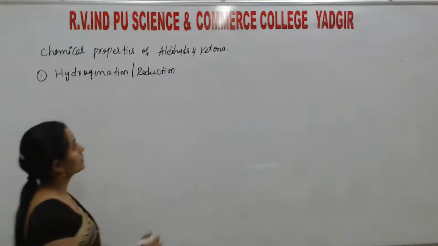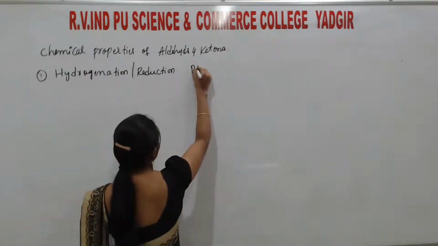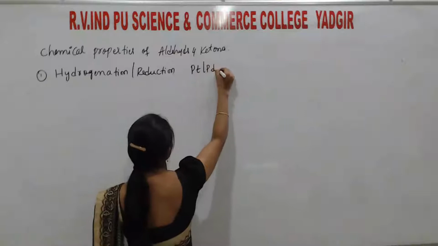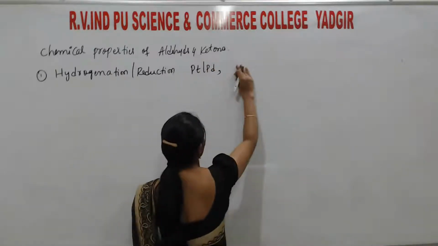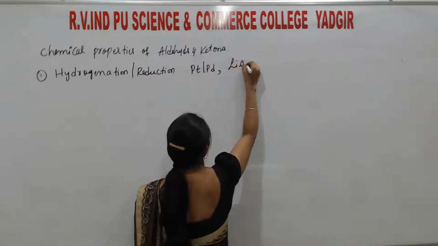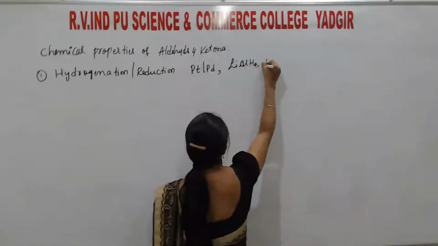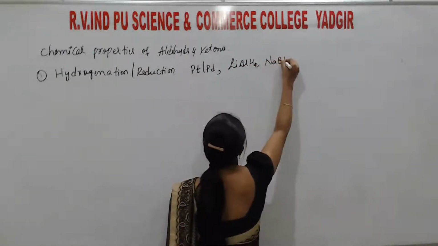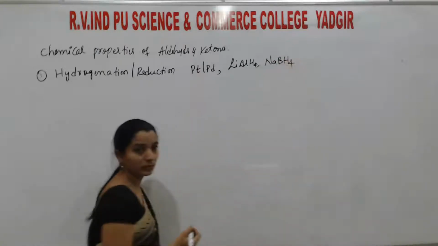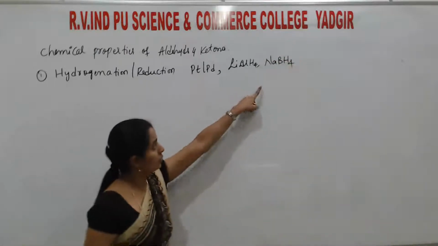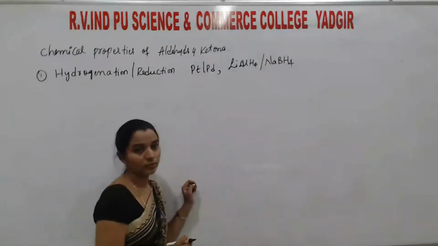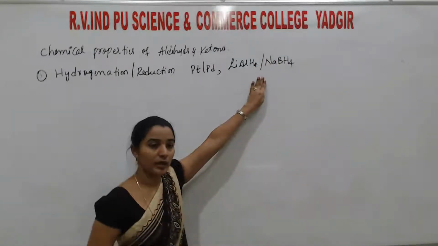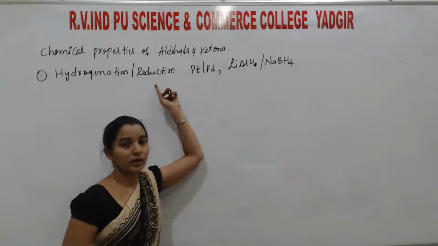Reduction in presence of platinum or palladium as a catalyst, or lithium aluminium hydride or sodium borohydride. By using these two hydrides, they donate H plus ions for the reduction.